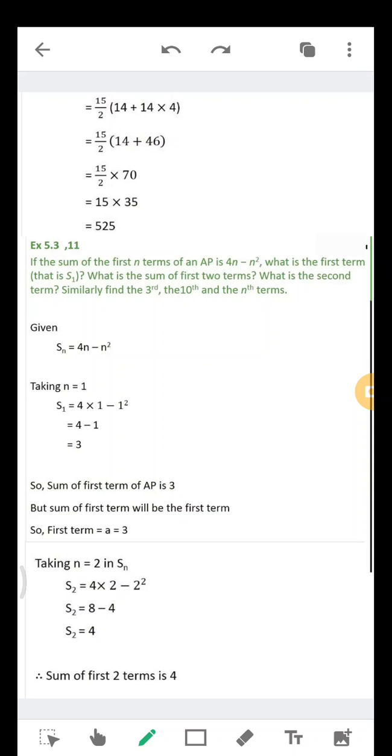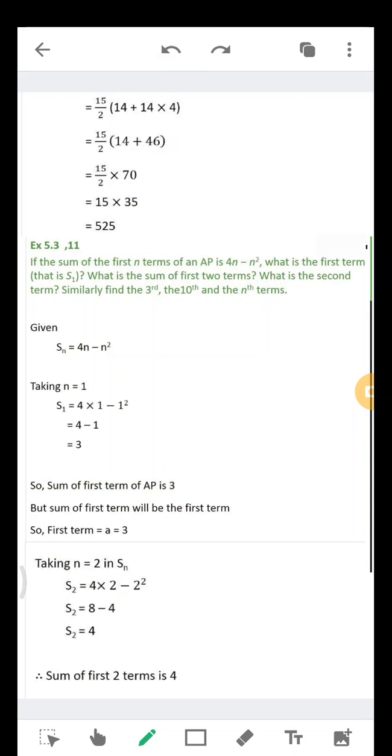Taking n is equal to 2, we have to find the sum of first two terms. S2 is equal to 4 into 2, in place of n I'll write 2, minus 2 square, 8 minus 4, that is 4. The sum of first two terms is 4.